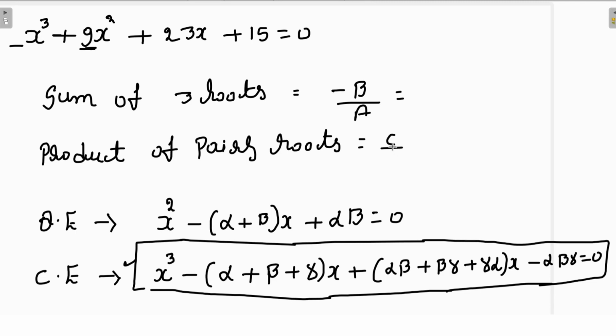Product of roots is minus d by a. The product of three roots means this value, that is minus d by a. So you should remember these things.